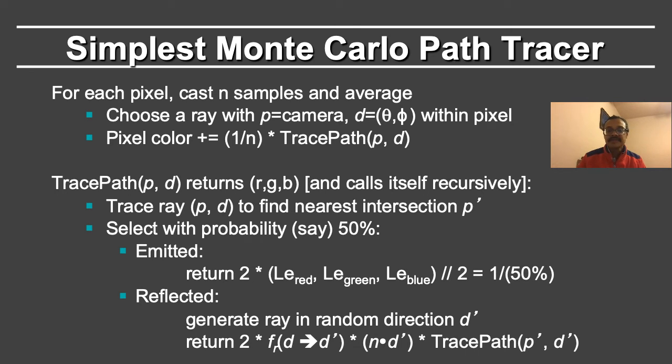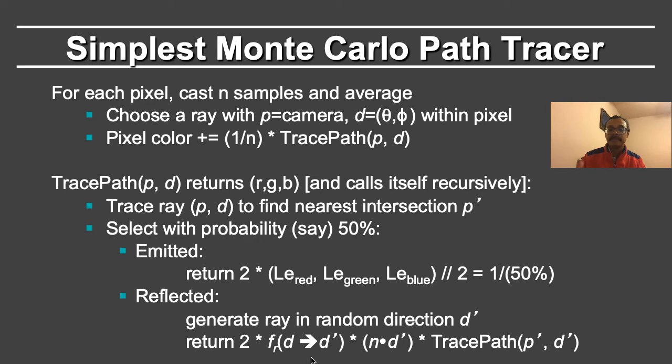For the reflected component, you generate a ray in a random direction d prime, and then simply return the factor of 2 times the BRDF corresponding to the path you've now created at the surface point of interest. D corresponds to the direction of the ray outgoing towards the eye, or outgoing in some other direction.